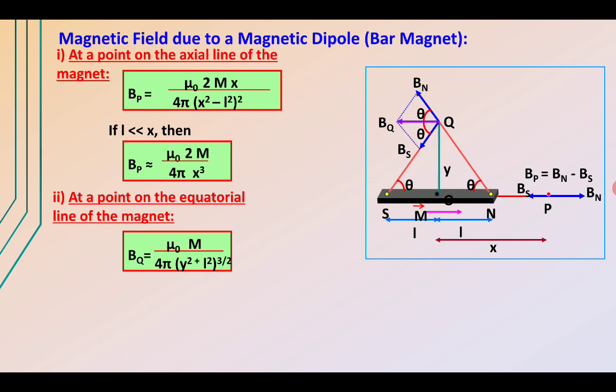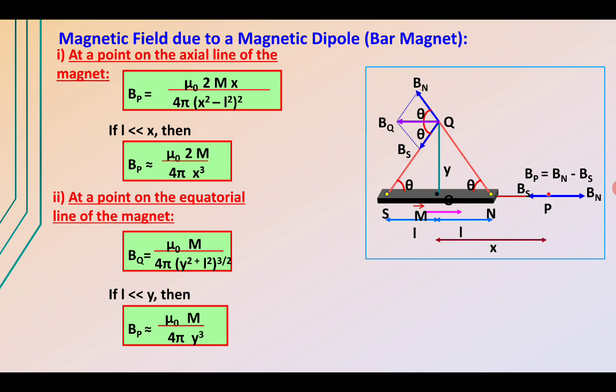Again, if L is much less than y, the net magnetic field at any point on the equatorial line of a given bar magnet comes out to be BQ nearly equal to mu naught upon 4 pi, m upon y cube.